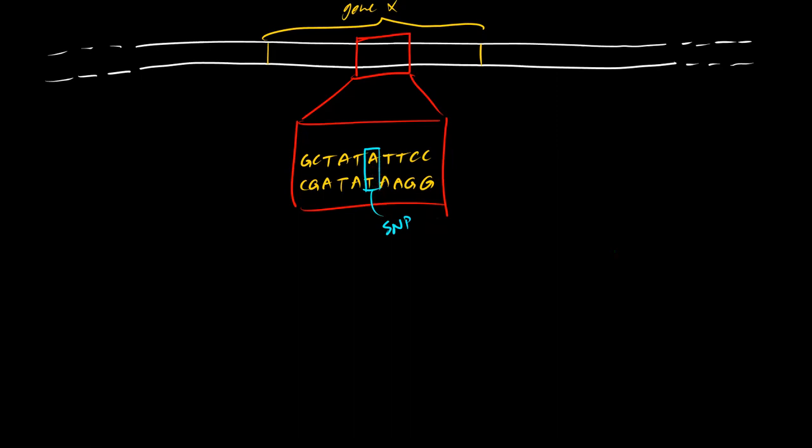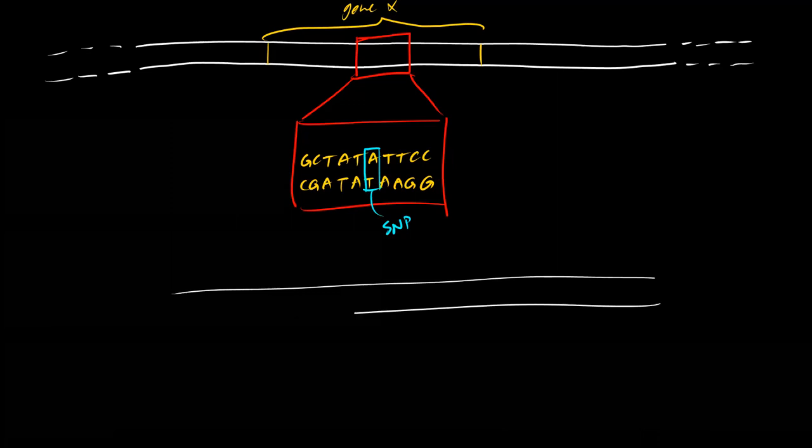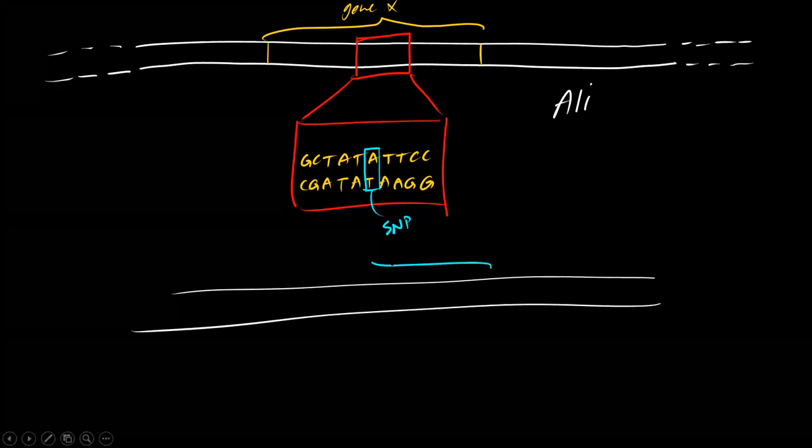So if we look at the genome of another person, so maybe this is a genome from an individual called Ali, and this is the genome from the same genome. So here we have gene X again.